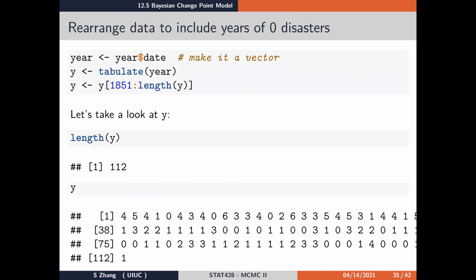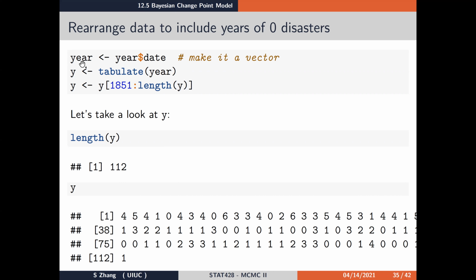So the first thing we want to do is to slightly rearrange the data so that our input y actually matches with our model formulation. Let's recall that in the raw data, we have the record of the year such incident occurred. So one thing we want to do first is to transform the data into counts between 1851 and 1962 of the number of incidents of explosions in each particular year.